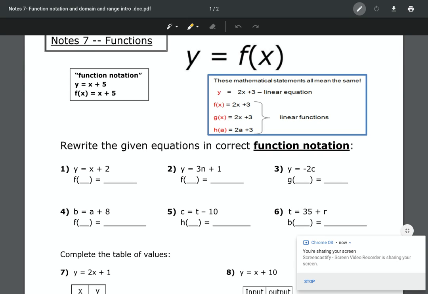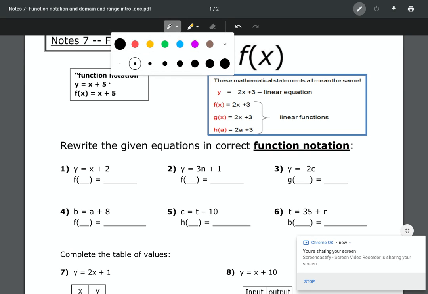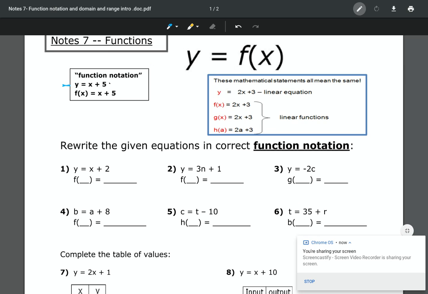Today we're going to be talking about function and function notation. So as an example, if you look right here, we've got y is equal to x plus 5.